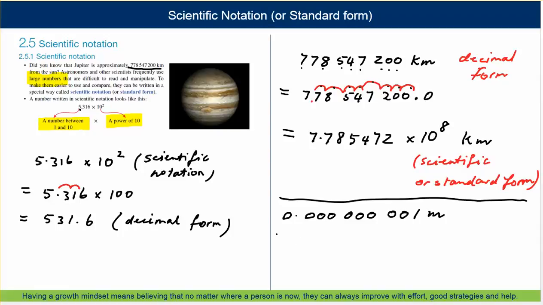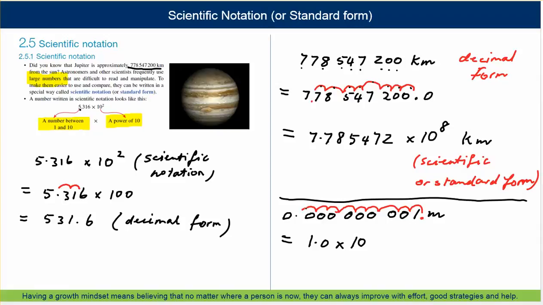And that's so small we can't even see that with our vision. So this time we're going to multiply by 10 to move the decimal point. And we're going to move the decimal point 1, 2, 3, 4, 5, 6, 7, 8, 9. So we end up with 1.0 times 10.